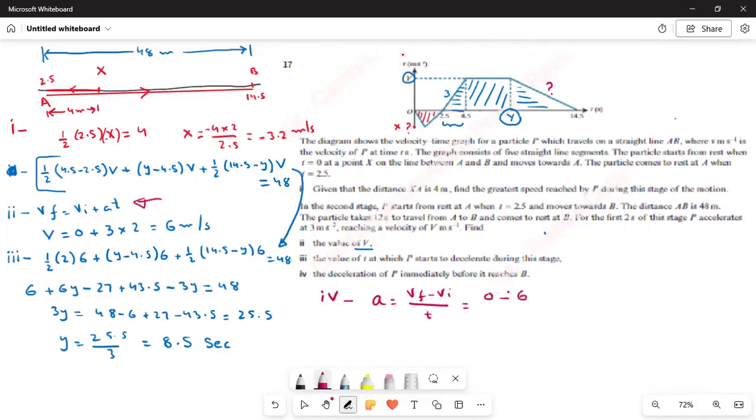This is 6, divided by time. You see, this Y is 8.5. So 14.5 minus 8.5, this is 6. The answer is minus 1 meter per second squared. So the acceleration in the last section of this movement is minus 1 meter per second squared.